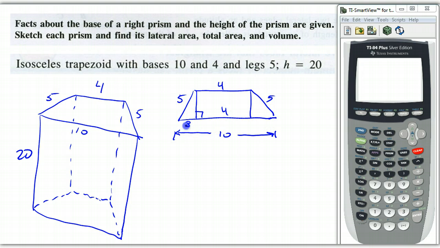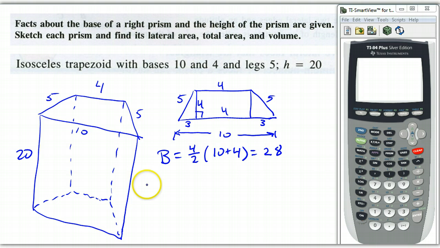So I've got 3 there and 3 there, which means we have a 3, 4, 5 right triangle. So now we can get the area of the base. Remember that for a trapezoid, the area of the base is half the height times the sum of the bases, which is going to be 2 times 14, which is 28.